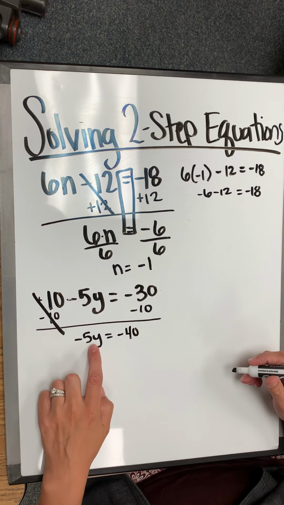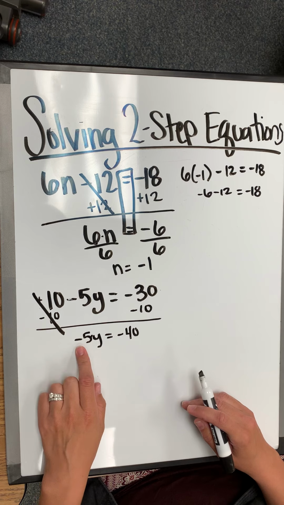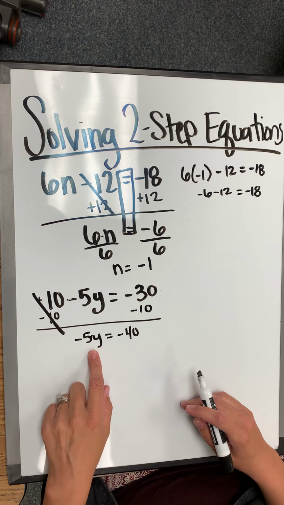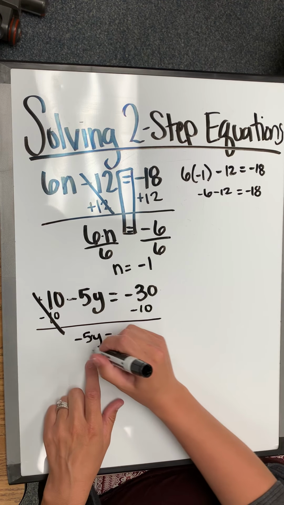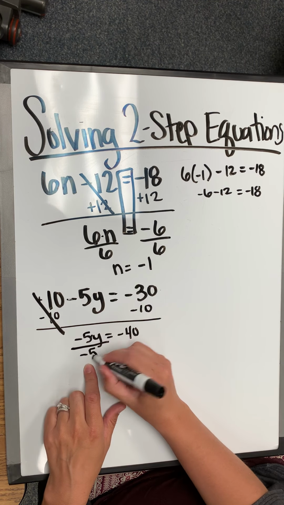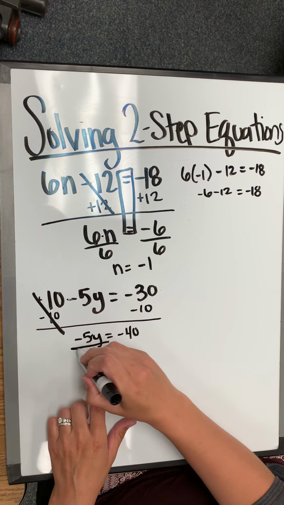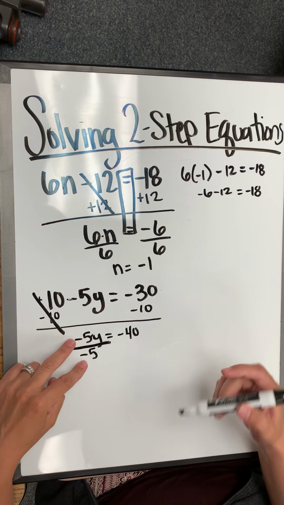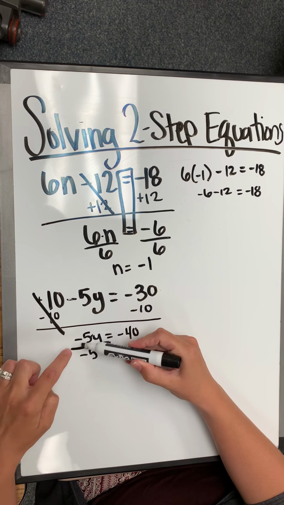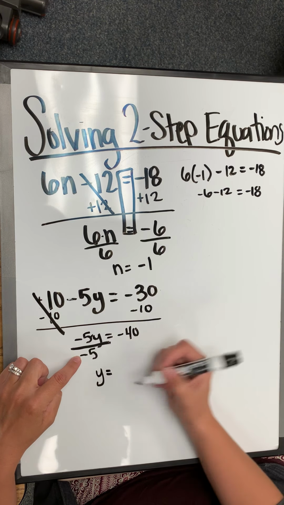Now, when I am dividing this, because right now my y is being multiplied by a negative 5, I can only change one operation. So I want to divide it by a negative 5. I am changing multiplication into division to get rid of it. Also, a negative divided by a negative gets me a positive number.